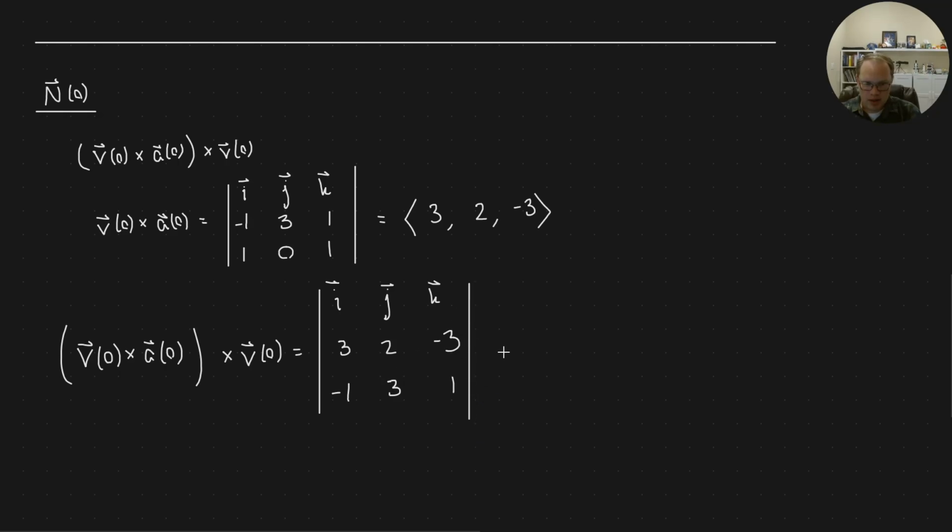Again, let's do this pretty quickly. For the I component, I get 2 minus negative 9. That becomes 11. For the J component, I get 3 minus 3, that's 0. And for the K component, I get 9 minus negative 2, that's positive 11.